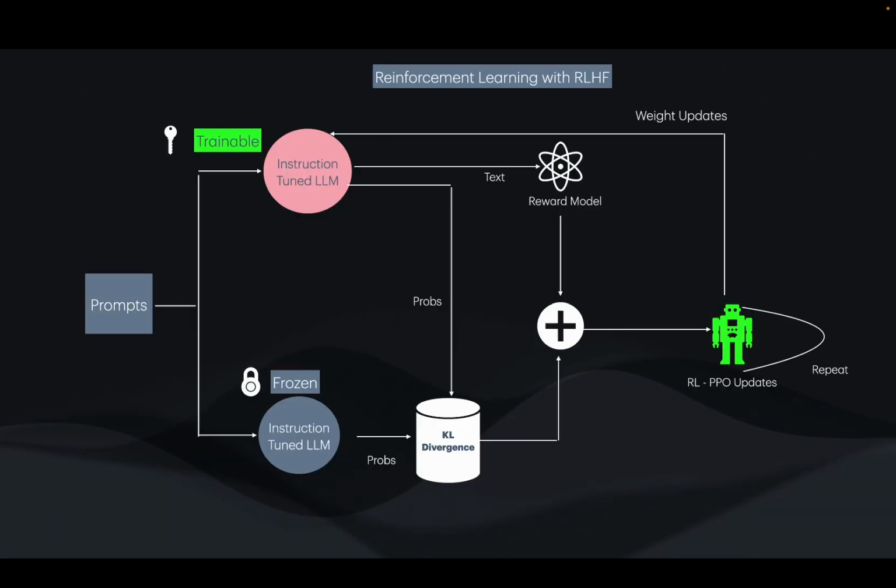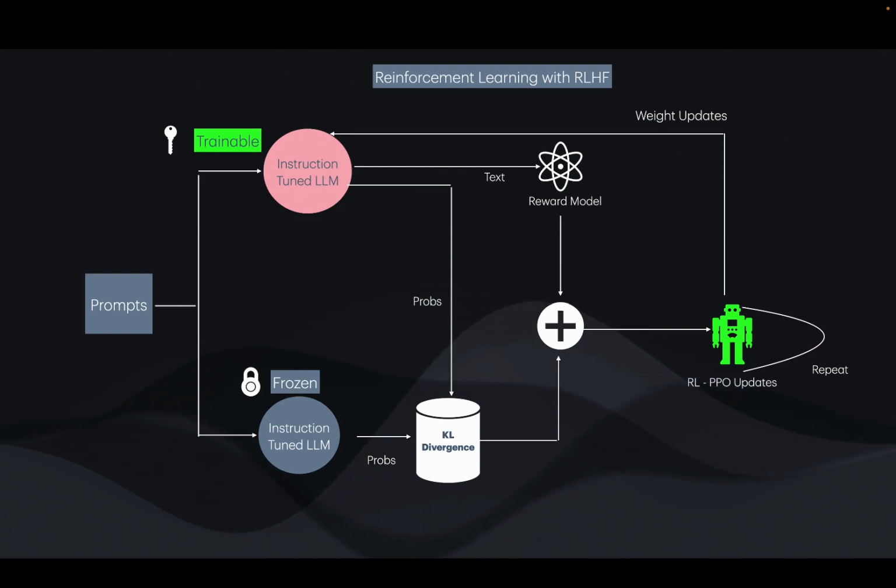Now if you visualize this RLHF process in this manner, this is what we talked about in the last two videos. We have two sets of models. One is the trainable LLM, and another is a frozen model, where we try to find the best optimal policy, and that optimal policy should not deviate from the base instruction fine-tuned model.